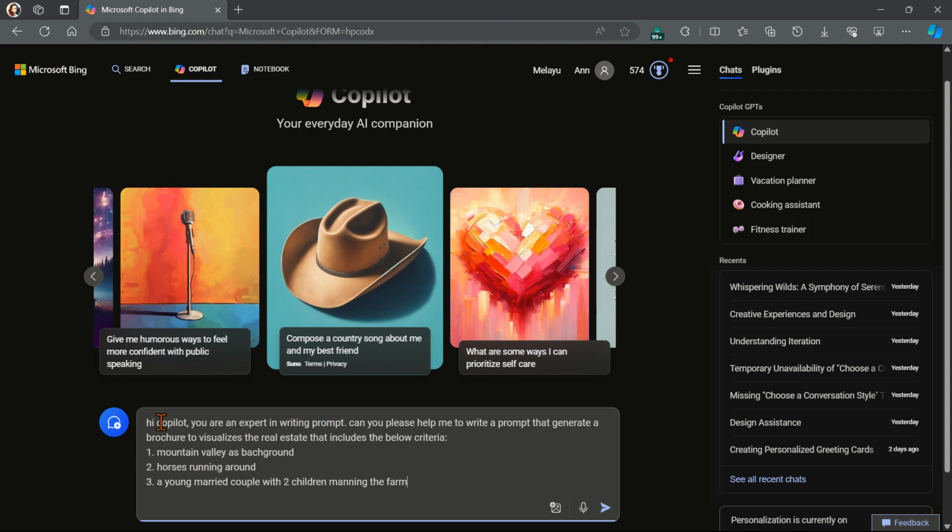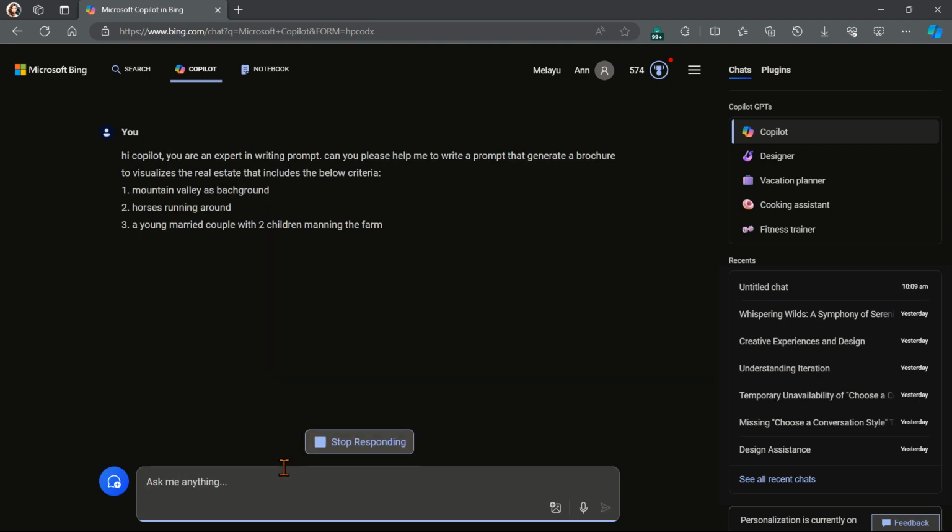So I'm going to ask Copilot. I already told Copilot you are an expert in writing prompt. Can you please help me to write a prompt that generates a brochure to visualize the real estate that includes the below criteria? First criteria, mountain valley as background, horses running around. Okay, this is the prompt that I'm going to include.